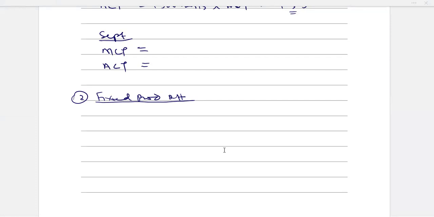The first thing you need to do is divide the 16,000 units by 2, because that 16,000 units is for one year, and the periods ending are March and September. So you divide by 6 months, that is 6 over 12. That's 8,000 units.